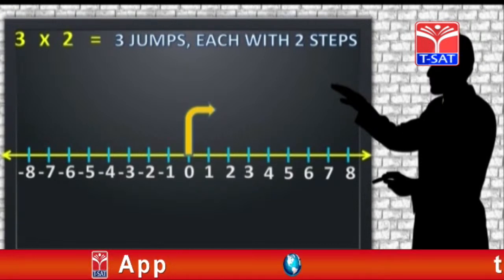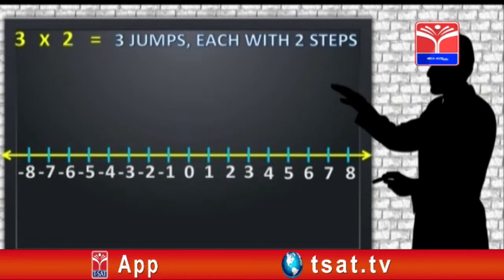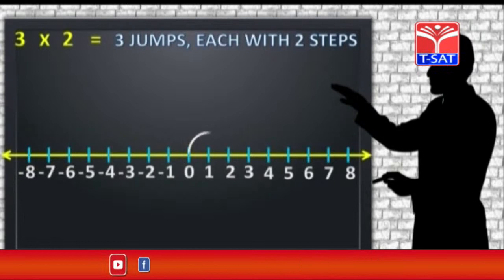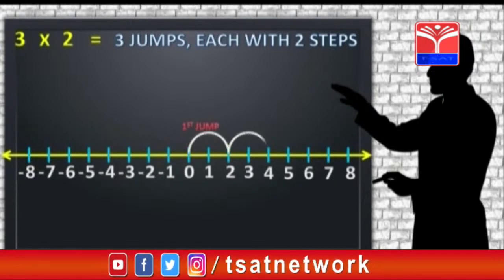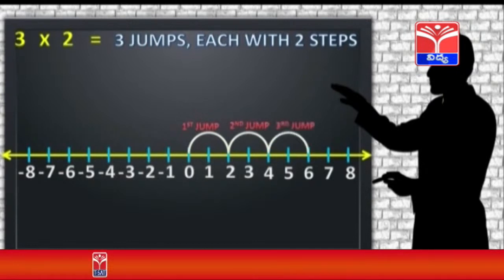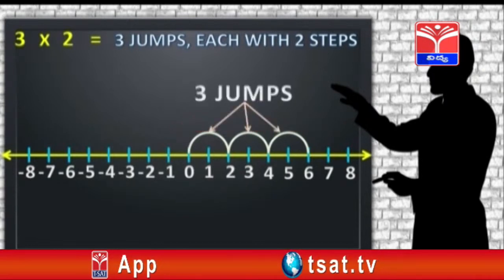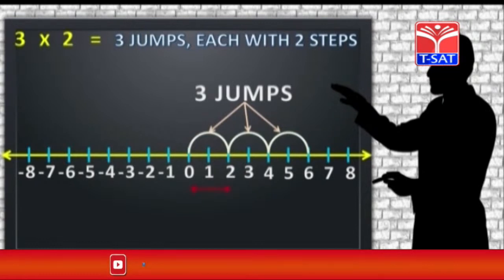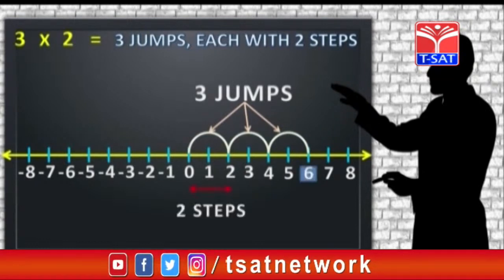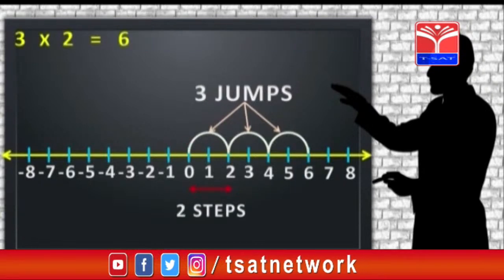So we go to right side of 0 and start number of jumps. This is the first jump and this is the second jump and this is the third jump. So we have to make 3 jumps in this question, and each jump contains 2 steps, and the final answer is 6.